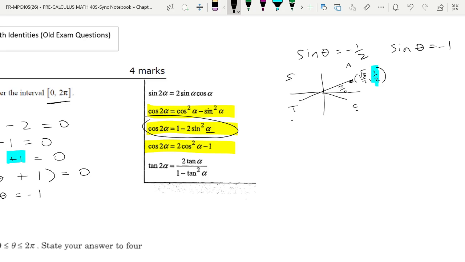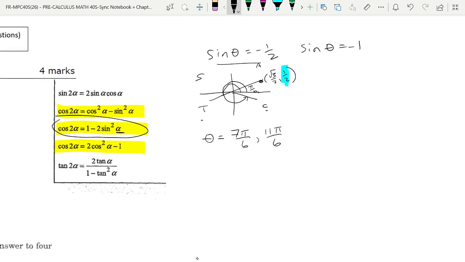So what are those two answers? How much is it to get from there to there? That's pi by 6 past pi. So one answer is 7 pi by 6. Then what about the answer if I start and go all the way around to here? Well, in another pi by 6, that'd be 2 pi. So that's 11 pi by 6. So there's my two answers for this side of the equation.